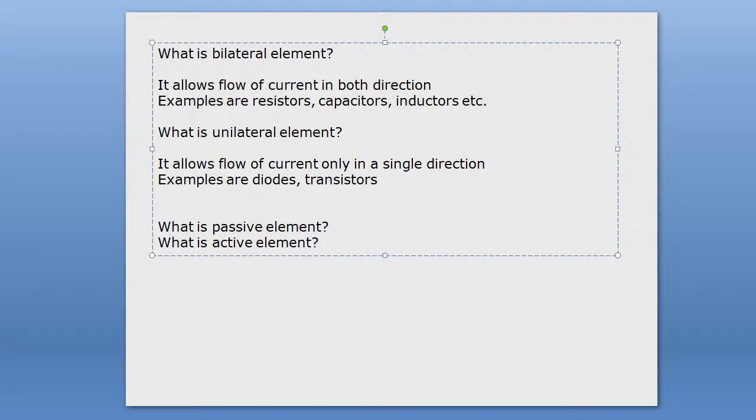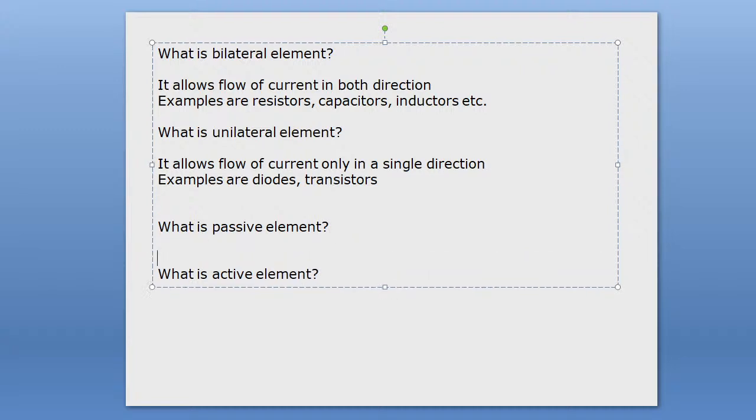Arkadip says passive elements do not provide any gain. Example, resistor. Okay, Arkadip, your answer is correct. So a passive element means this element does not generate a signal or amplify any signal. Examples of passive elements are resistor, capacitor, inductor.